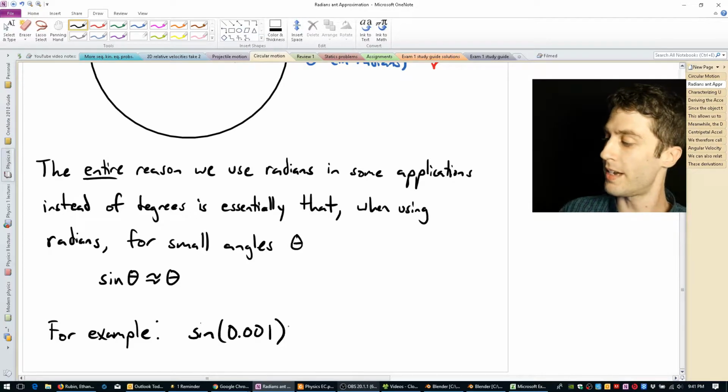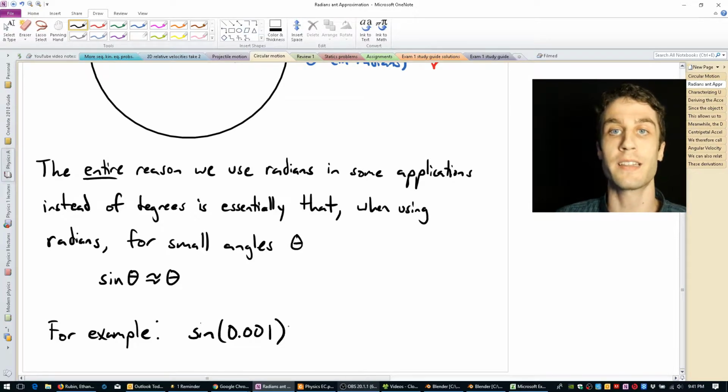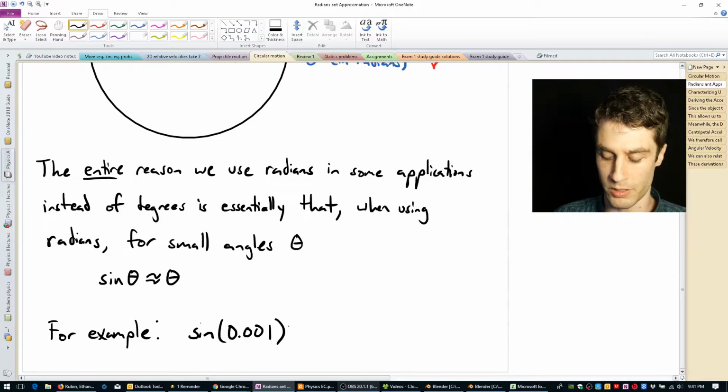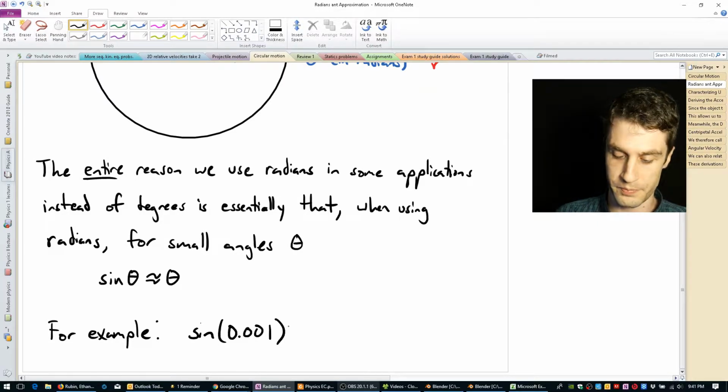You want to make sure that it's in radians, and then take the sine of 0.001. Take the sine of any other small quantity. So you might take the sine of 0.0001 or sine of 0.0005 or something like that. Do that as many times as you want to convince yourself of this.